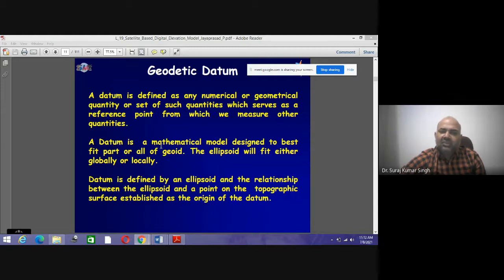A datum is a mathematical model designed to best fit part or all of the geoid. The ellipsoid will fit either globally or locally. The datum is defined by an ellipsoid, and the relationship between the ellipsoid and a point on the topographic surface is established as the origin of the datum.